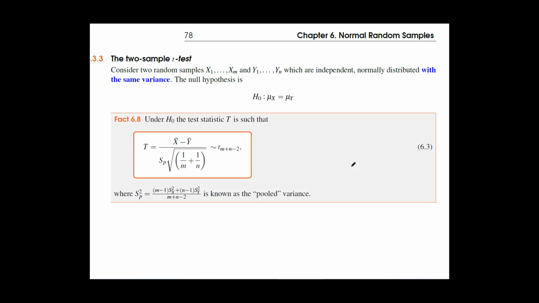Okay, now let's do the two-sample t-test, which is a little different than the other one. In this case, we have two random samples, X and Y, with different sample sizes.